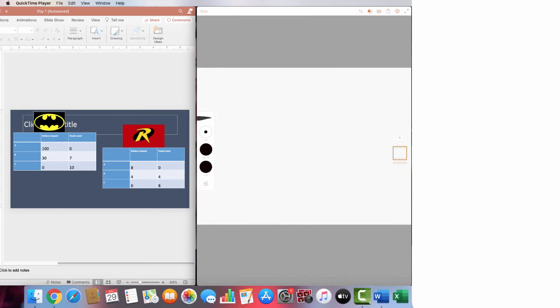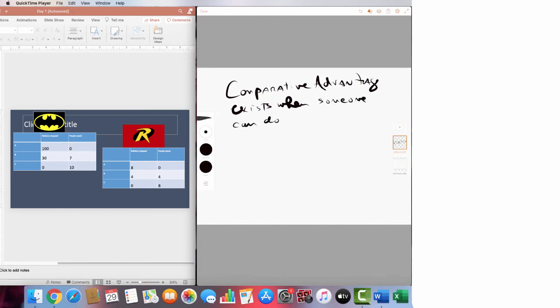So what does that mean? Well, it means that now we can look at comparative advantage, and that's the key here. A comparative advantage exists when someone can do something at a lower marginal opportunity cost than somebody else.